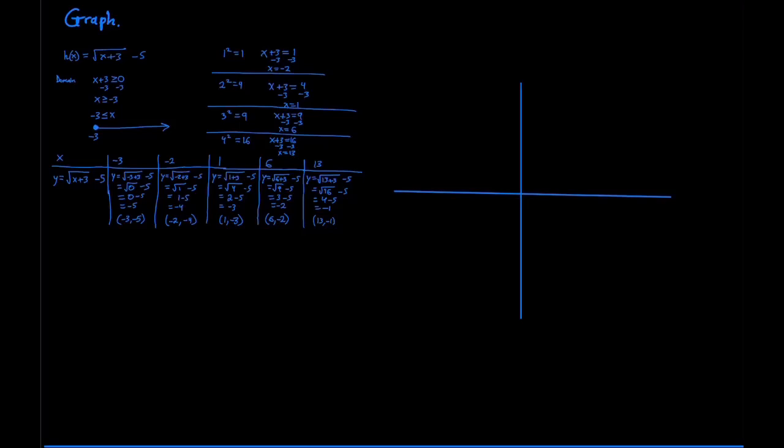We'll set up a rectangular coordinate plane. Go ahead and plot these points. Let's say this is where -3 is. And this is -5. This is the first point. Then we'll put -2, -4. That would be right over here. Then we have 1 and -3.